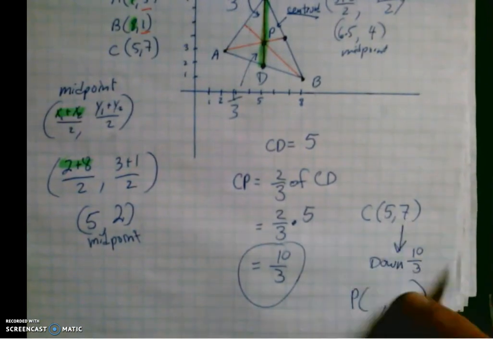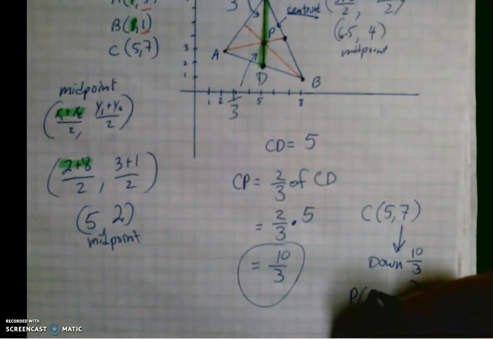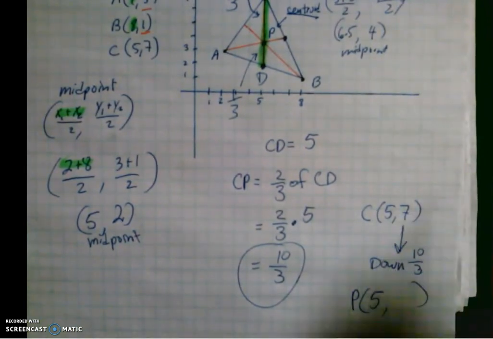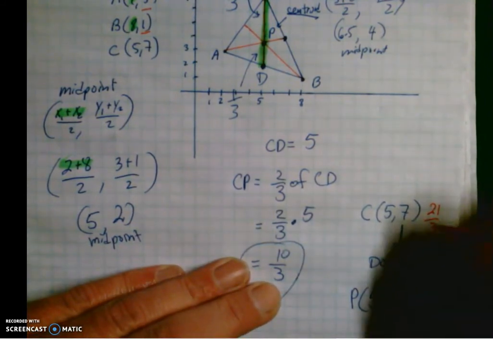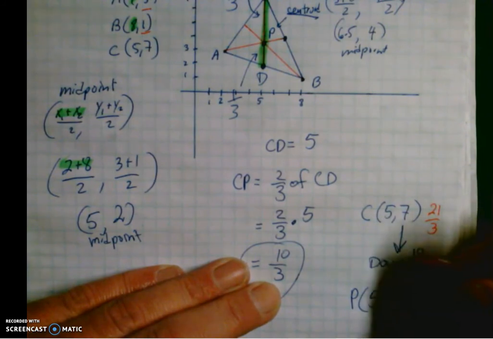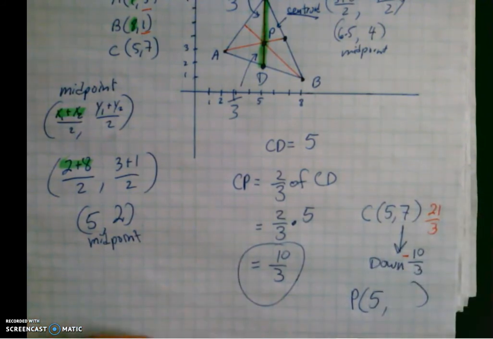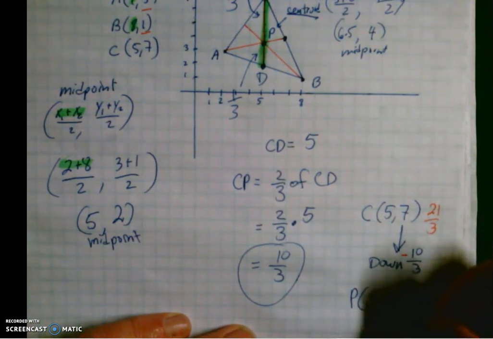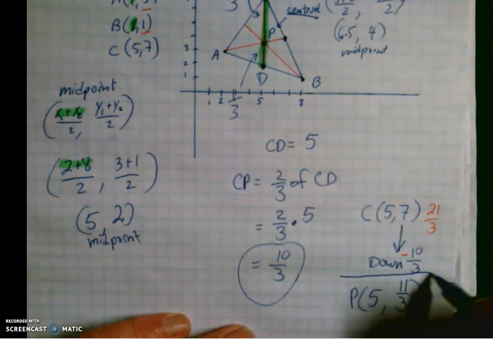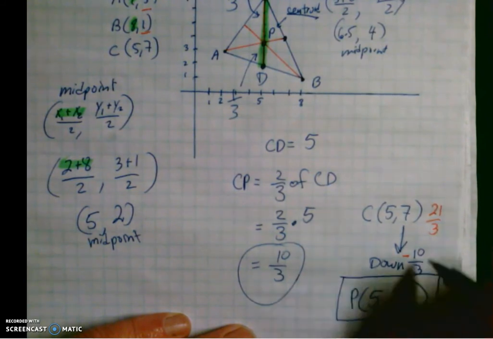You have to do 7 minus 10/3. So let's think about this. 7 is really 21/3. 21 over 3 is 7. Minus 10/3. 21/3 minus 10/3 is 11/3. I know it's kind of a weird way to do that, but that's what we found.